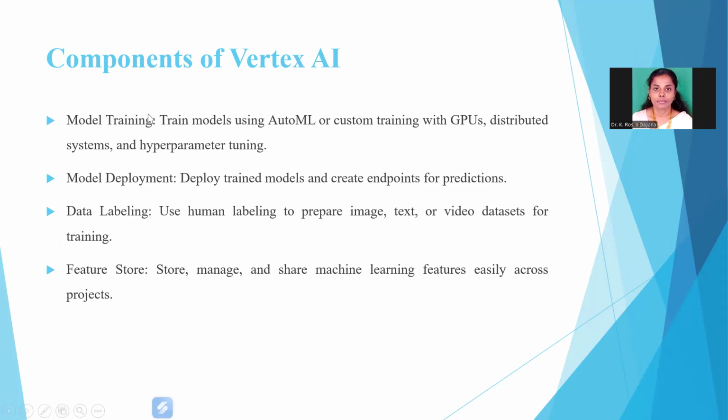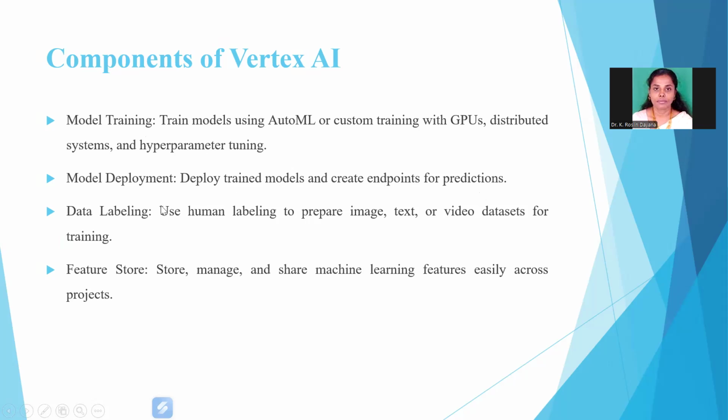Components of Vertex AI. Model training: train models using AutoML or custom training with GPUs, distributed systems, and hyperparameter tuning. Then model deployment: first train the model, then deploy the trained models and create endpoints for predictions.